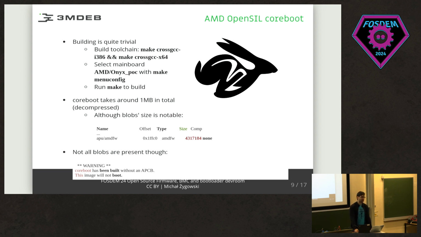I later checked that these blobs are present in the OpenSIL repository, I think. So I don't know why coreboot hasn't integrated them. Maybe they already did, because this presentation is 2 weeks old, so things could have happened in the meantime. I think it is doable to get those APCB blobs from the OpenSIL repo for sure.